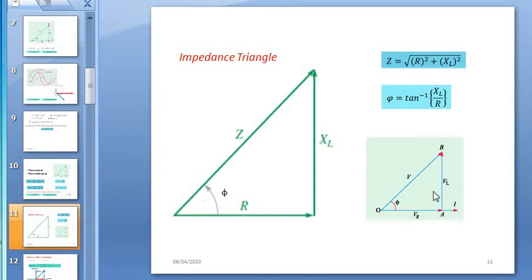VL upon I, the opposition for the inductor is XL. V upon I, the opposition will be Z. Phi as it is. This triangle which is giving opposition in all the sides is called the impedance triangle. This is resistance, inductive reactance, and this is impedance.